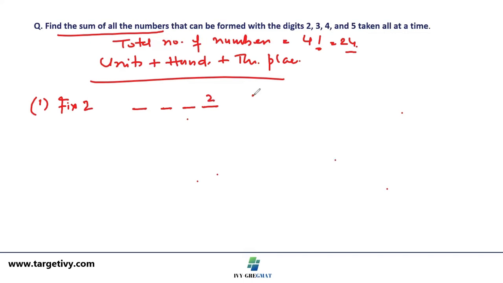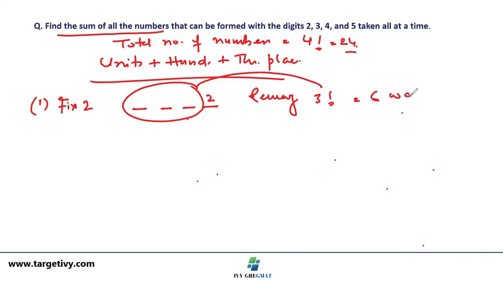The remaining is factorial 3, which is 6 ways. So that is the total count of 2s in the units place, and if we keep swapping, instead of 2, we can fix 3, we can fix 4, we can fix 5.